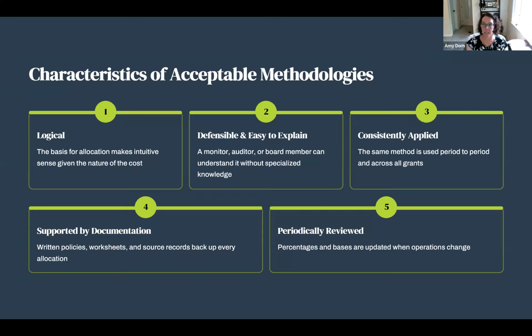So you do need to be able to see documentation that they are reviewing and updating their method if they've gotten new grants, if their operations have somehow changed. They may not have gotten a new grant, but maybe they've added a new program under that grant. Well, how are they determining things? Okay.